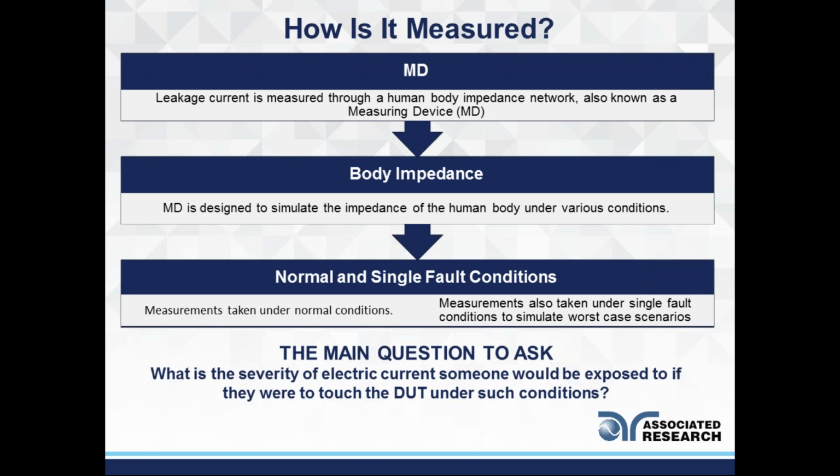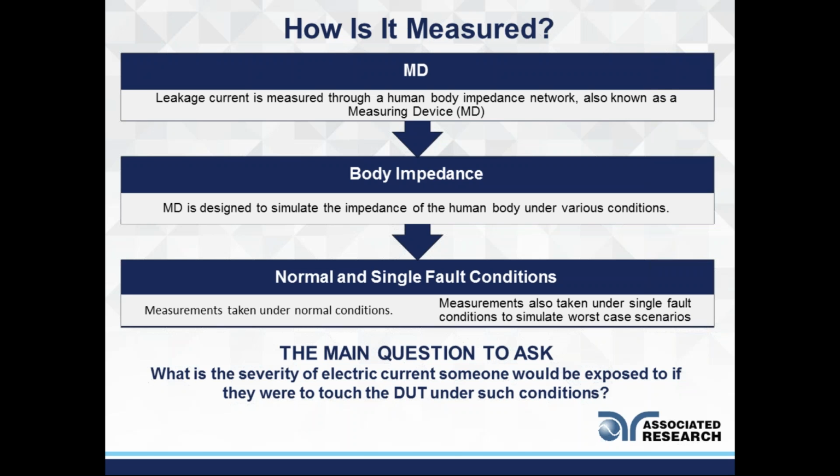So we're going to look at some tables in the next couple slides which give us our thresholds for what is allowable under these single fault conditions. And so the main question to ask is, what is the severity of electric current someone would be exposed to if they were to touch the DUT under such conditions, right?